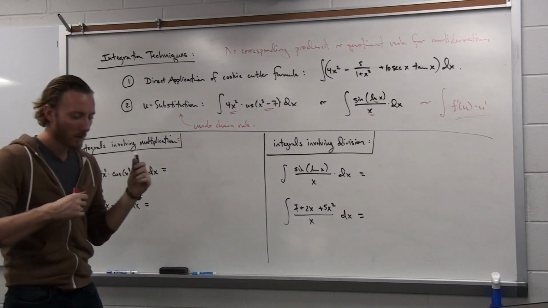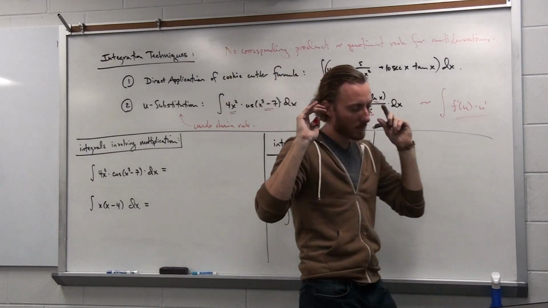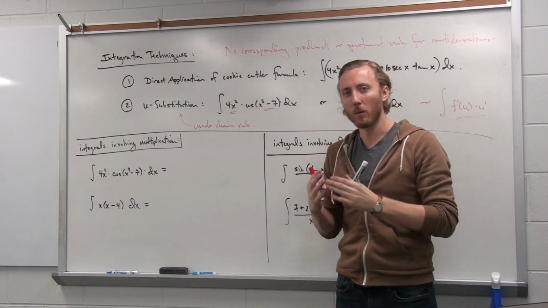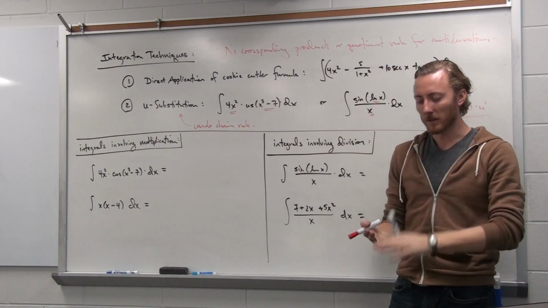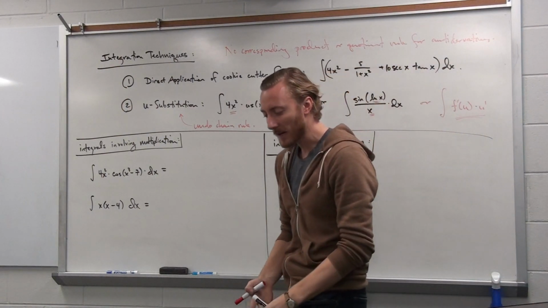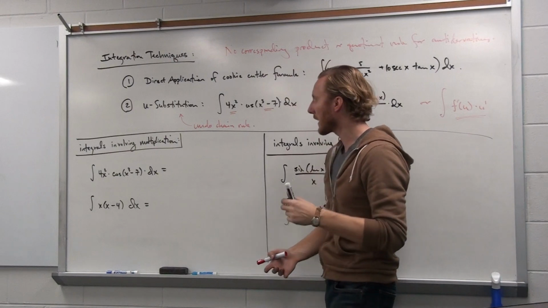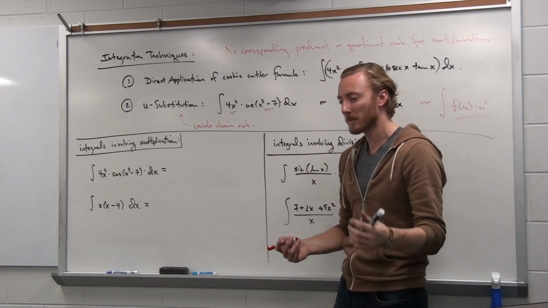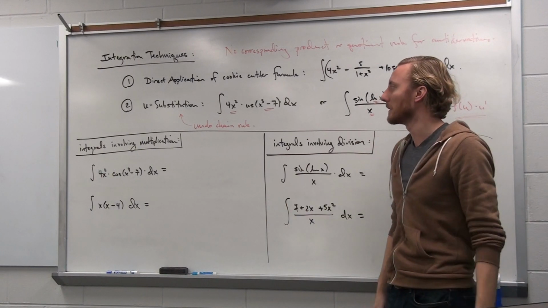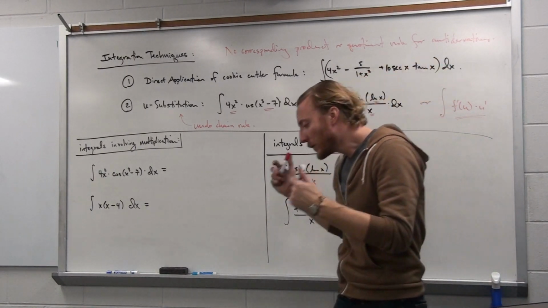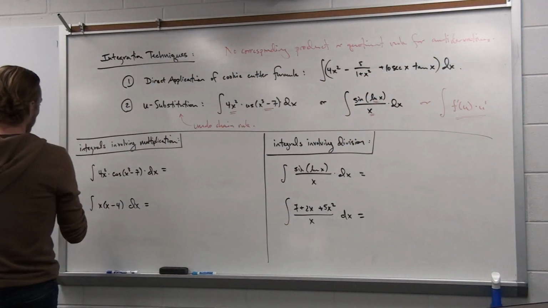Okay, so now how do we take this knowledge of what we've been exposed to at this point? Okay, we got cookie cutter formulas, we got u substitution that undoes the chain rule. Well, we can undo the chain rule, we can undo the cookie cutter formulas, but there's nothing to undo the product rule or the quotient rule. There's no such thing for antiderivatives. Well, what if you have an integral involving multiplication?